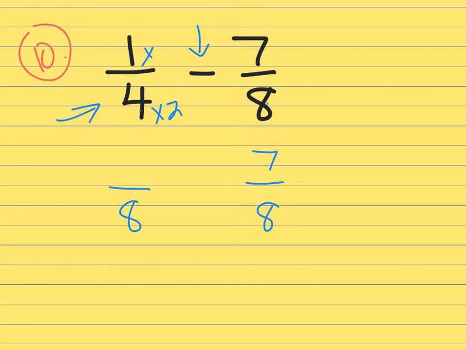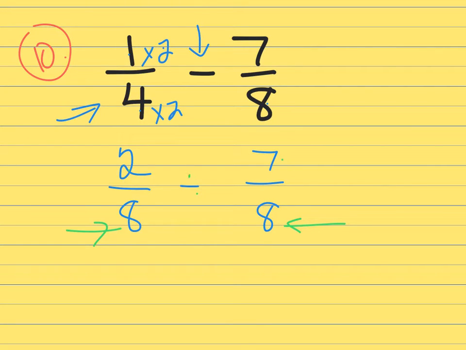So what I do to the bottom, I have to do to the top. 1 times 2 is 2. So this would turn into 2/8. Bring down the subtraction sign. Now that I have 8 as my denominator, I can go ahead and subtract these. Except it says 2 minus 7. So I really can't do 2 minus 7.